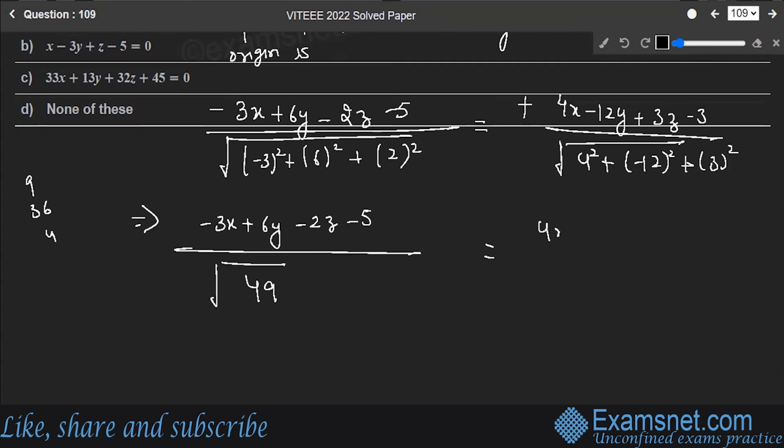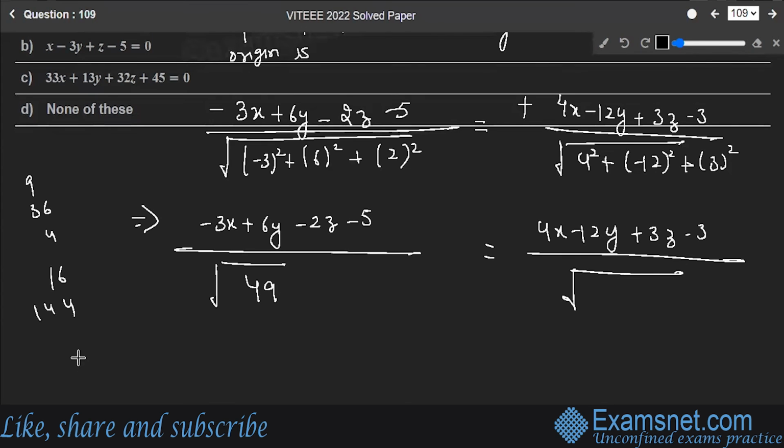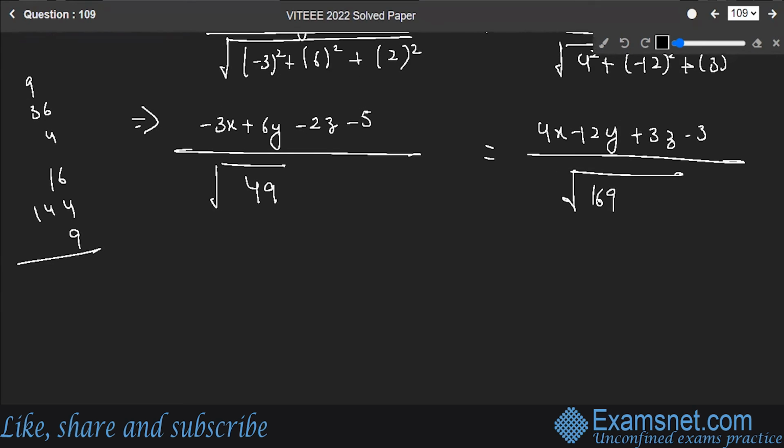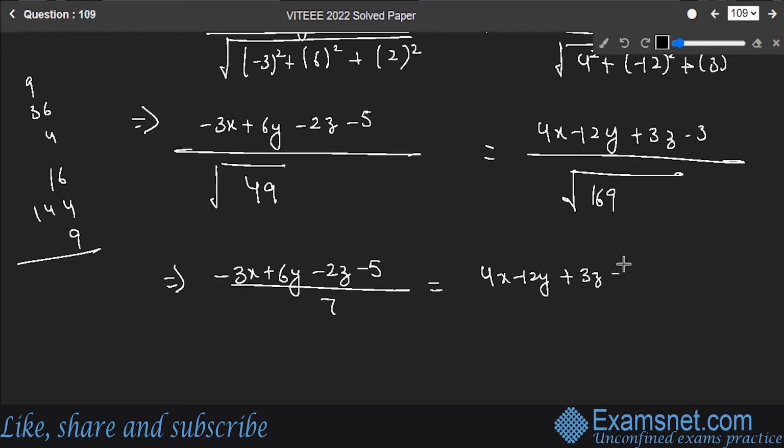That's equal to 4x minus 12y plus 3z minus 3, whole divided by, now this is 16, 144 and 9, so this is 169. Okay. That makes minus 3x plus 6y minus 2z minus 5 upon 7 is equal to 4x minus 12y plus 3z minus 3 upon 13.